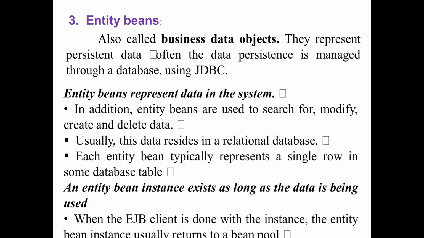First, we use the entity bean to search for, modify, create, and delete the data. Once the business data object is created in the entity bean of the database through JDBC, it is used for searching, modifying, creating or deleting the data.